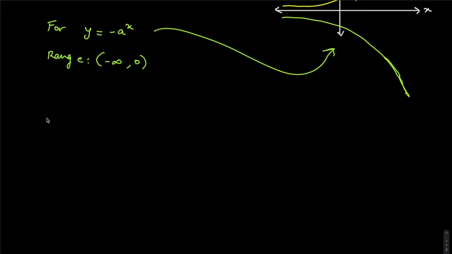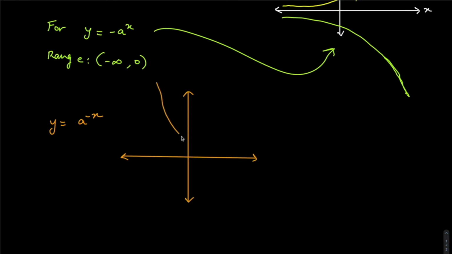So maybe you can have y equals a raised to the power minus x. In this case, let me just do quick axes. You're going to have an exponential decay, so it's going to be something like this.